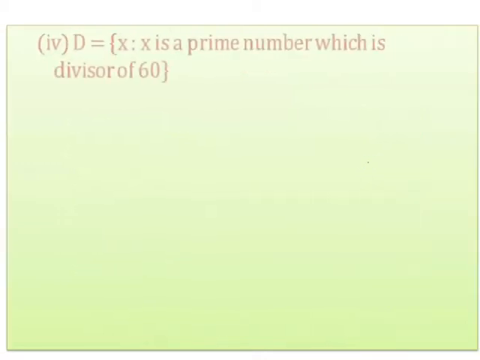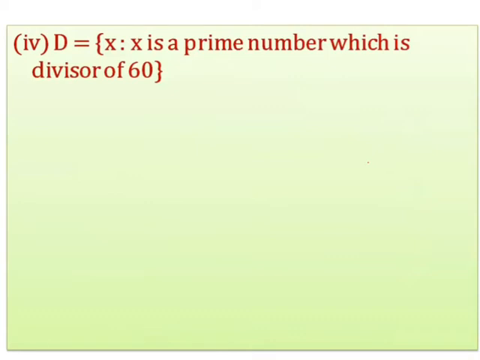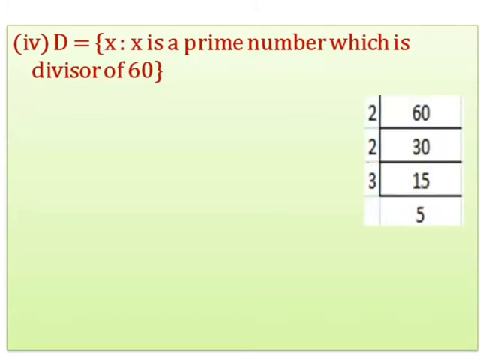The next, fourth problem is set D is equal to the set of all x such that x is a prime number which is a divisor of 60. First you are going to find the divisors. So 60's factorization is 2 into 2 into 3 into 5. And here we are going to consider only the prime numbers. We know that 2 is a prime number, 3 is a prime number and 5 is also a prime number.